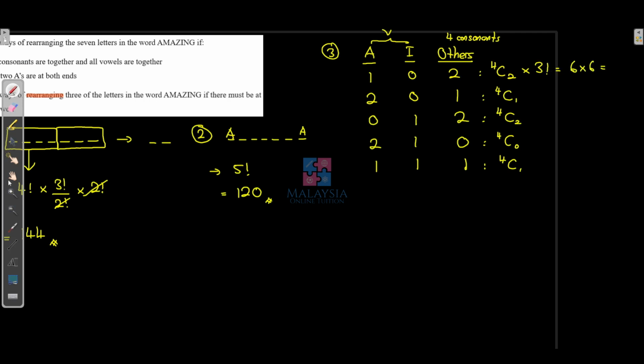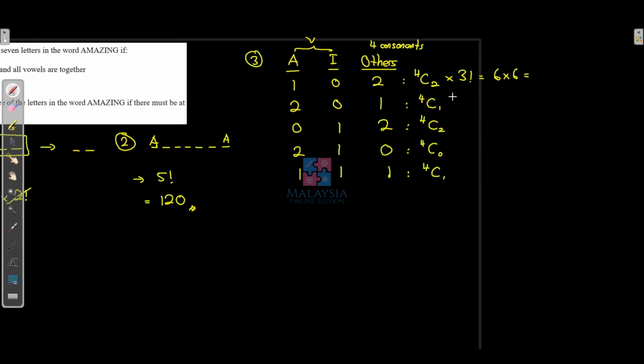And then for the next, as you can see here, you have 2A, so this is repeated letters. So times 3 factorial over 2 factorial. 4 times, what is this? 3 factorial divided by 2 factorial is 3. 4 times 3. Done. So 0A, 1I, 2 others, no repeated letters, so you multiply by 3 factorial straight away.